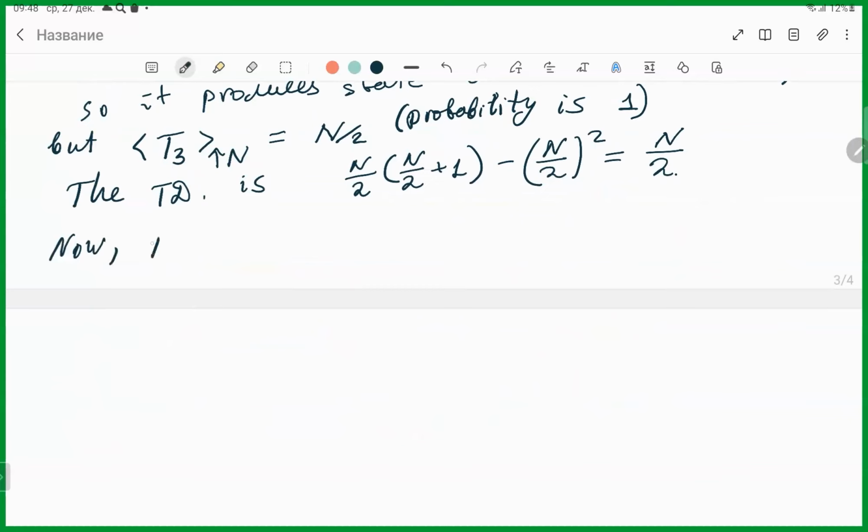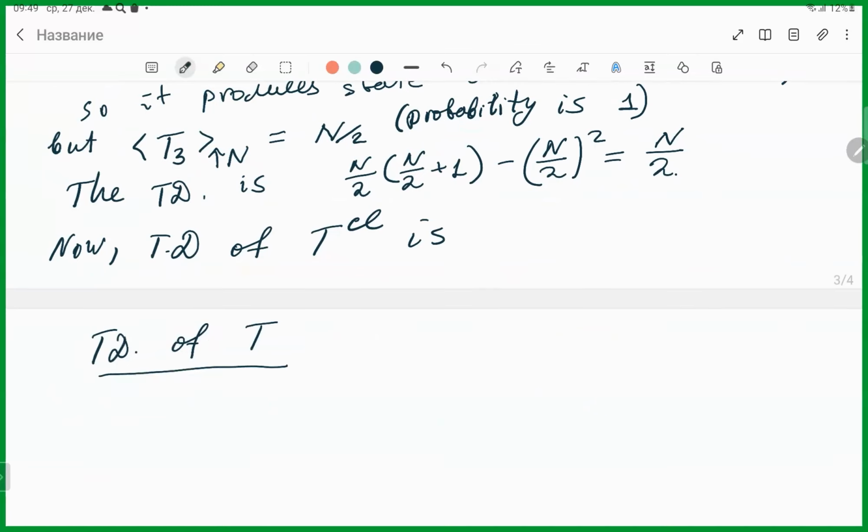Now, total dispersion of T classical is total dispersion of T divided by J squared of T classical.